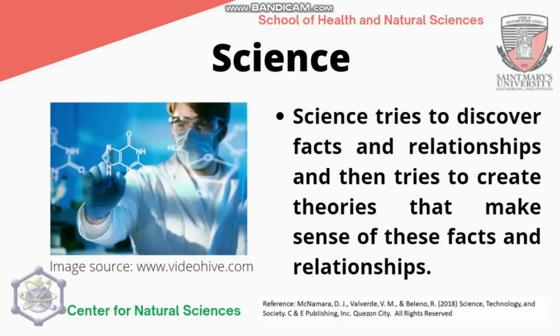Likewise, science tries to discover facts and relationships and then tries to create theories that make sense of these facts and relationships. It means only that science is systematic and it is a process oriented approach.